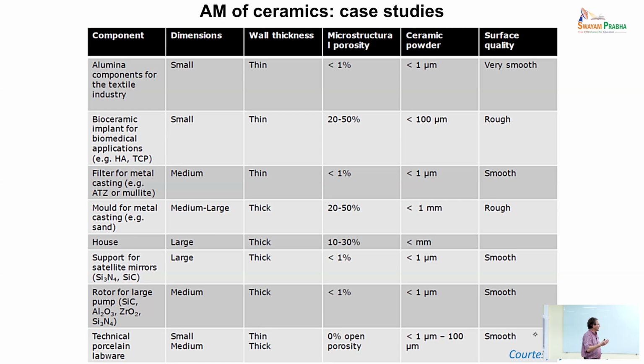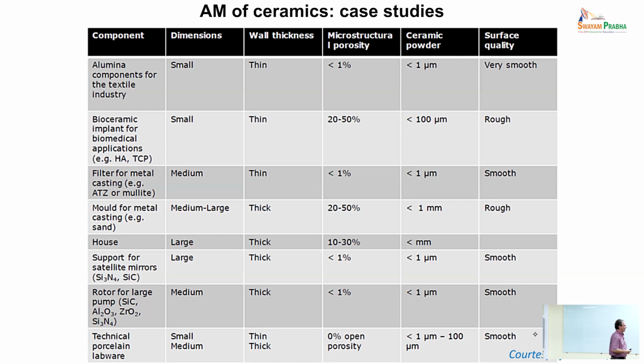Again, the part doesn't need to be very large. Typically, it's a macroporous part, so the wall thickness is thin. We want high porosity in the solid part. We can use large ceramic powders in order to achieve that, and the surface can be rough because that helps with a specific application. And I mean, you can read this.